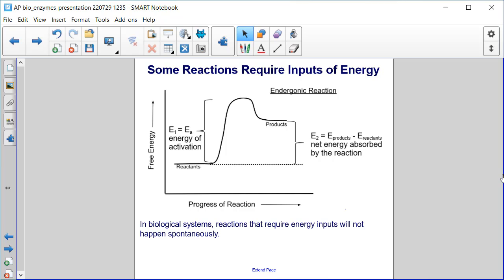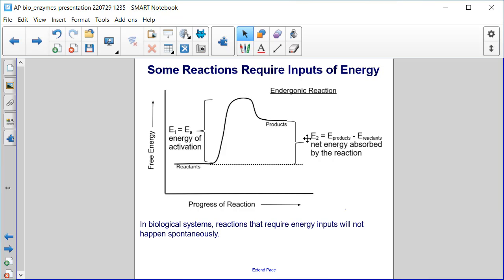Some reactions require inputs of energy. We call those endergonic reactions. And the first thing we measure, we're calling E1, is the energy from the reactants up to the top of that hill. That's the activation energy, the energy you have to overcome in order to produce the products.